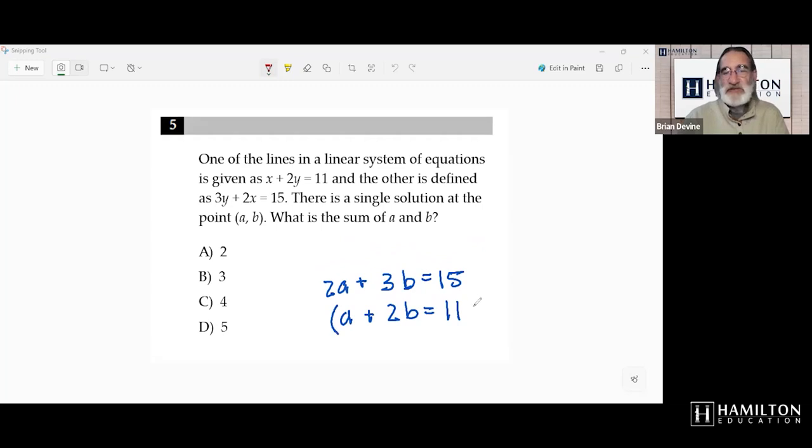So I'm going to take this line, A plus 2B equals 11, and take it away from 2A plus 3B equals 15. So 2A minus A gives me A, and 3B minus 2B gives me B, and 15 minus 11 gives me 4. So the sum of A and B is 4. C is your answer.